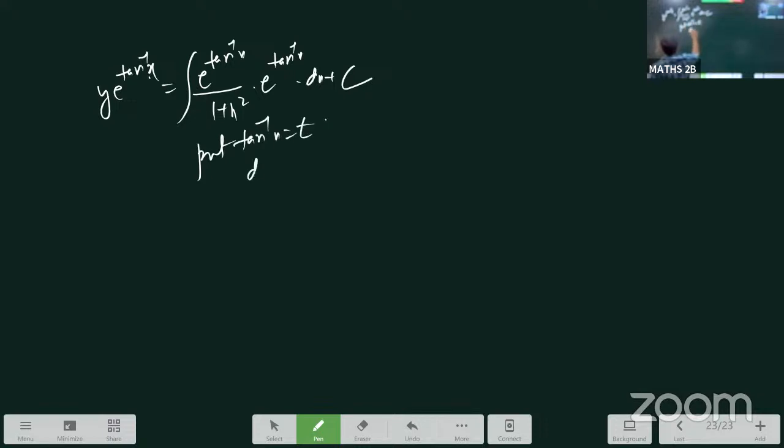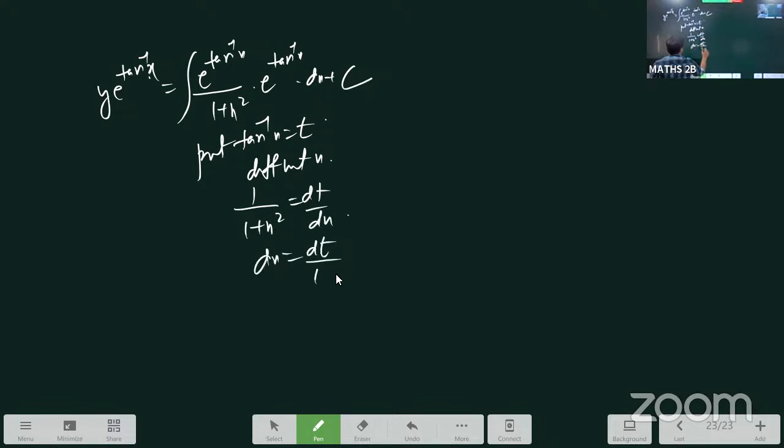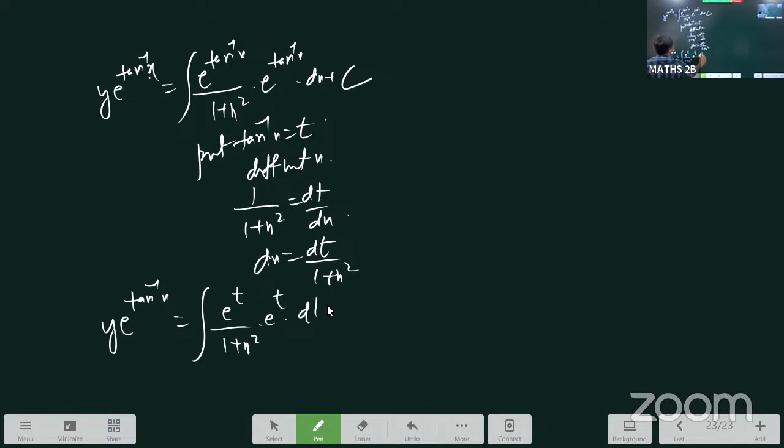So y e^(tan⁻¹x) equals the integral of e^(tan⁻¹x)/(1 + x²) times e^(tan⁻¹x). Now put tan⁻¹x equal to t. Differentiate with respect to x: 1/(1 + x²) is dt/dx, so dx equals (1 + x²) dt.